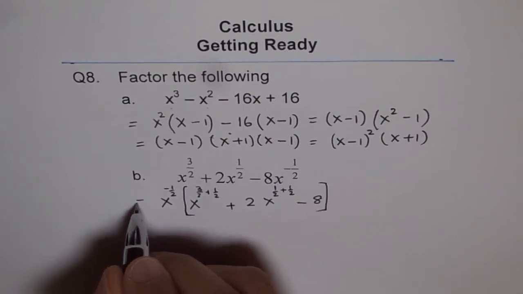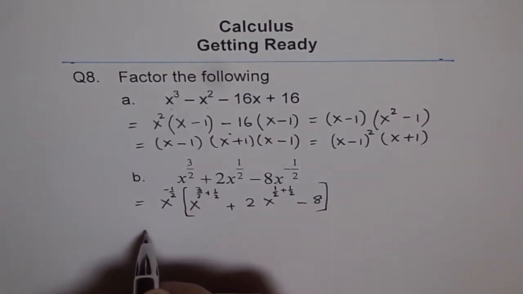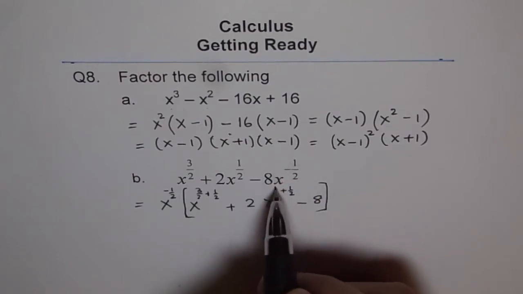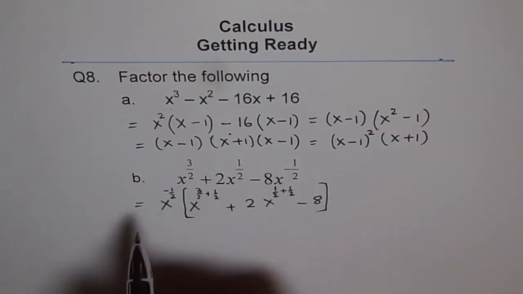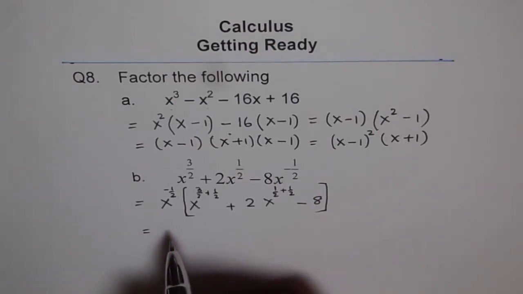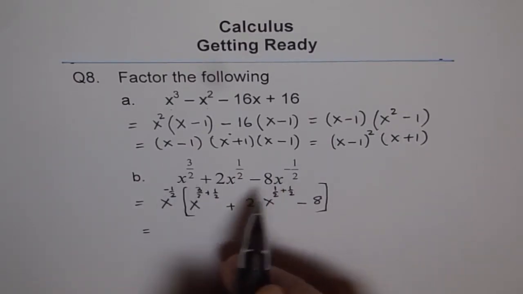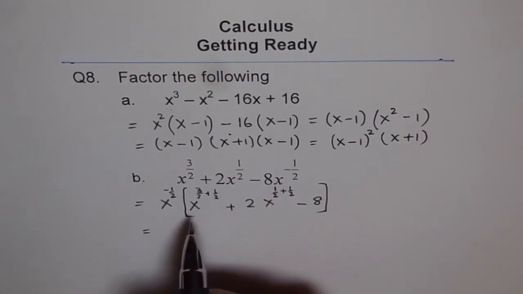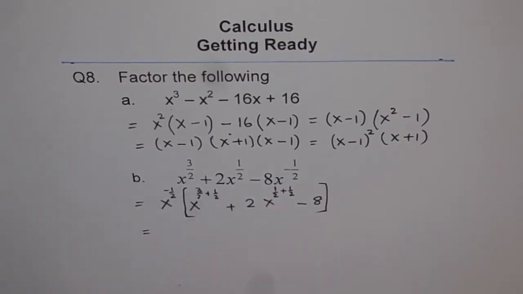So given expression, or trinomial in our case, I should not call it trinomial. This is not a monomial, right? Since the power is negative half, right? And all these powers are not natural numbers. So they don't belong to the set of monomials, binomials, or polynomials, correct? So we are not talking about polynomials here.